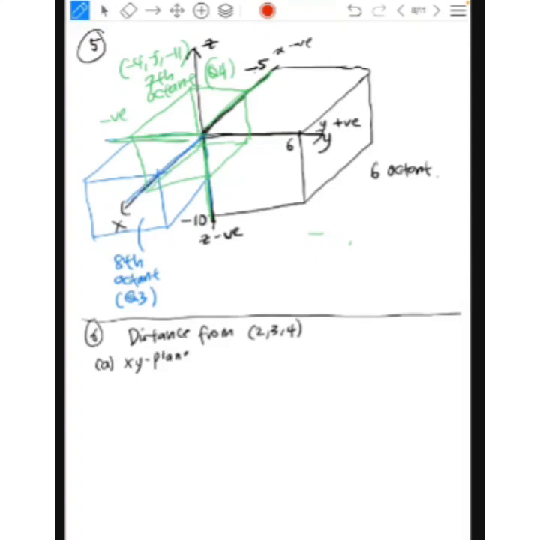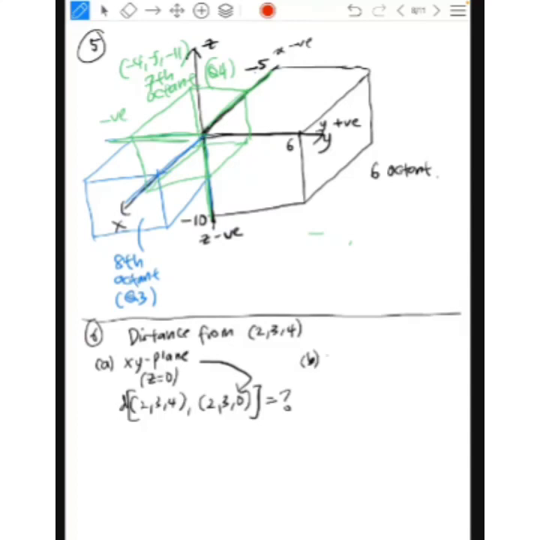On the XY plane, what is 0? Z equals 0, right? So you find the distance from 2, 3, 4 to 2, 3, 0. Why 0? Because on the XY plane, z is zero. So what's the distance? You can calculate it.